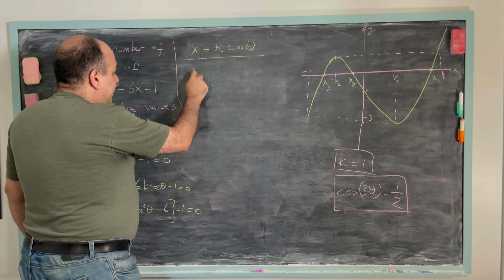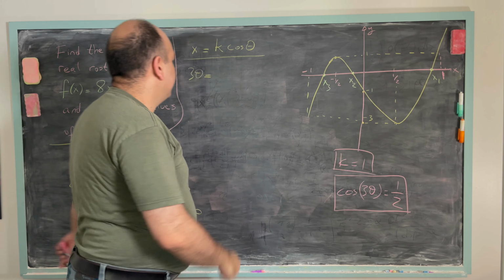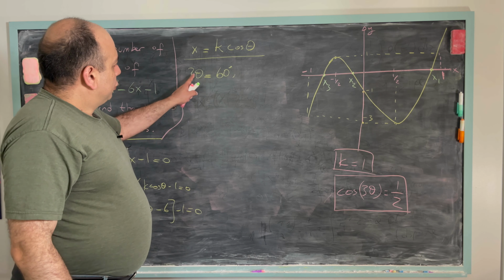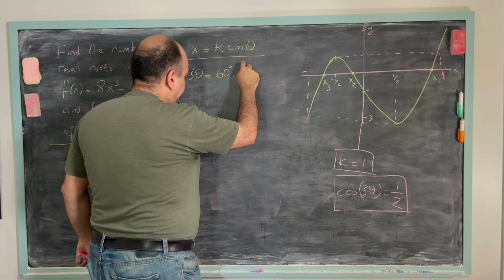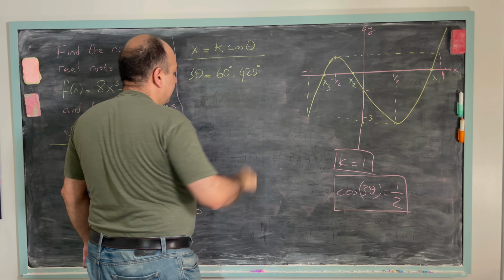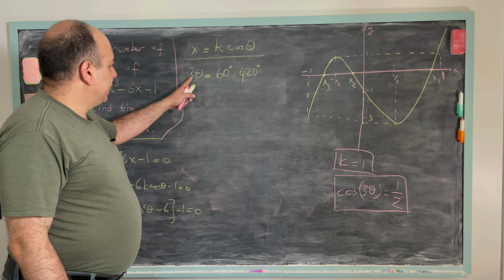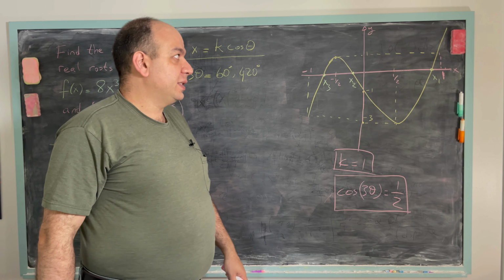Okay, so 3 theta must be equal to 60 degrees, since cosine 60 is 1/2. One other full rotation actually gives us 420. We are making all these rotations because in the end we are going to divide by 3 and we will have 3 distinct roots, right?